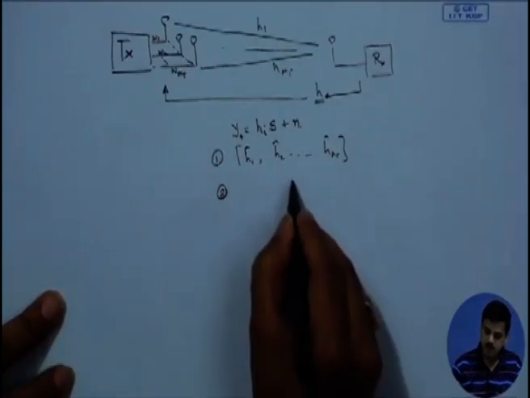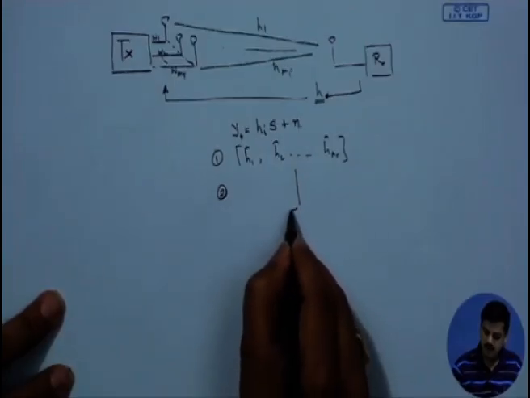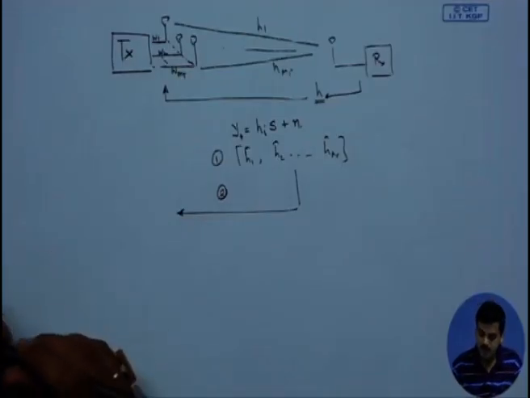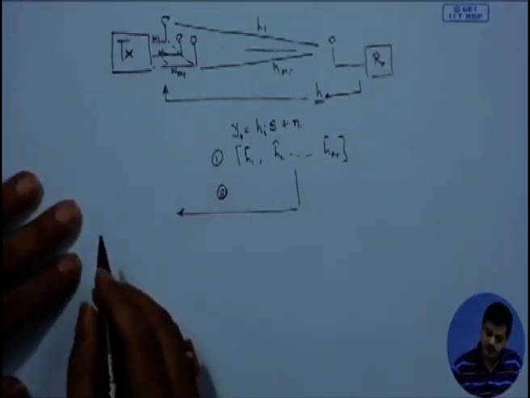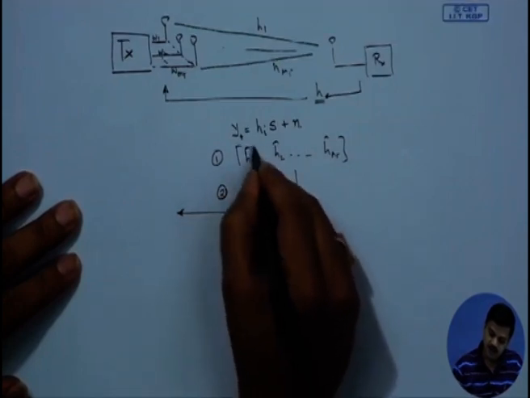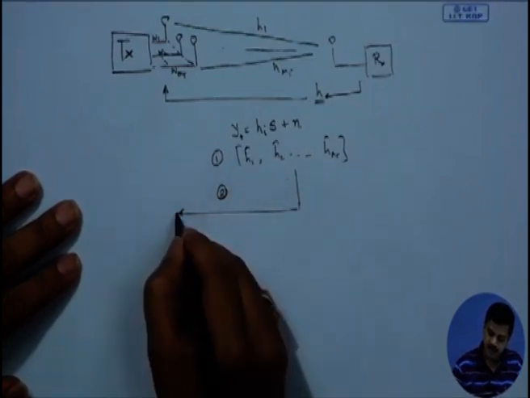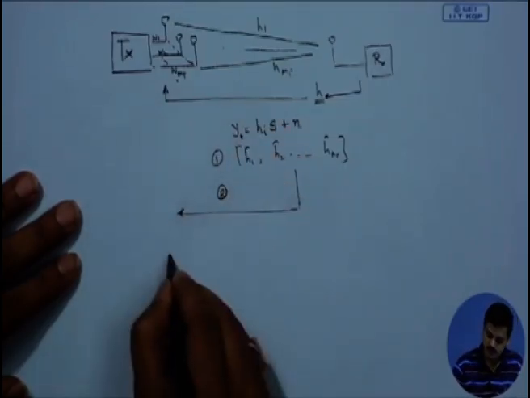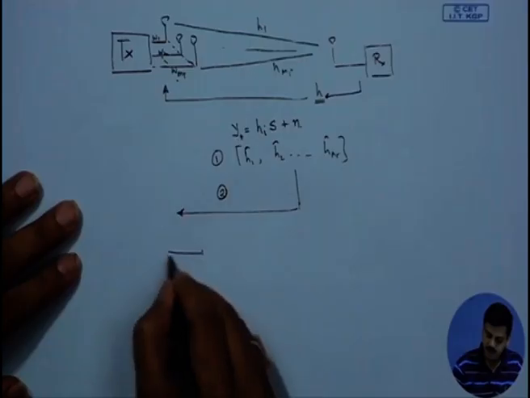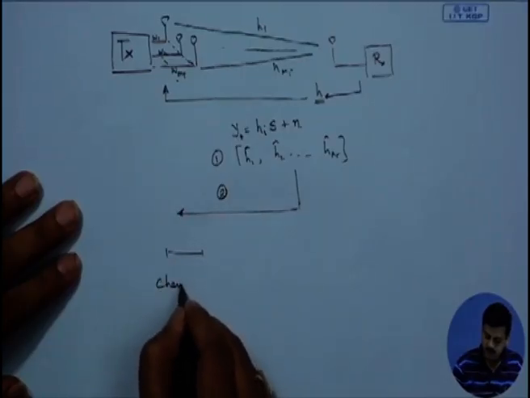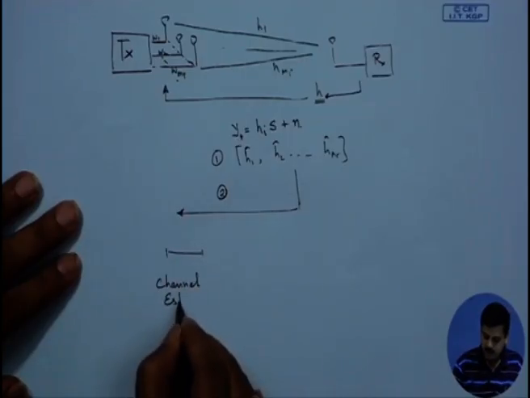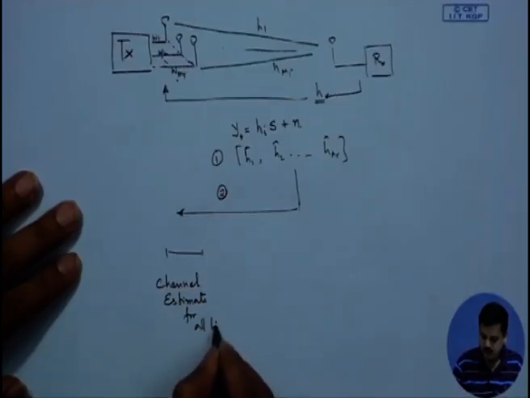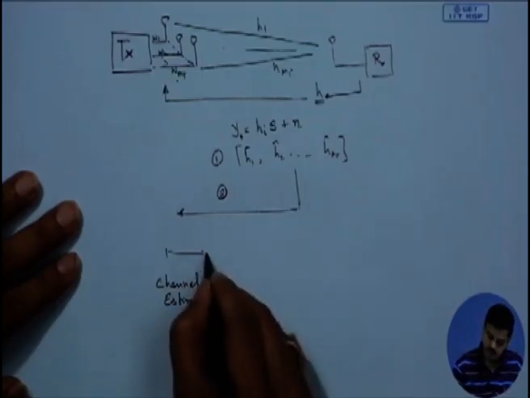In step number 2, these channel estimates have to be fed back to the transmitter. And the implicit assumption that we make is that these channels that are estimated and then fed back are used at the transmitter during subsequent transmission. So first there is a period when you estimate the channel for all links, which is a pretty good amount of time.